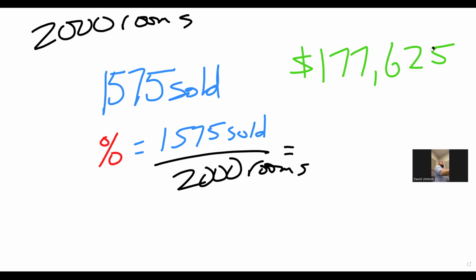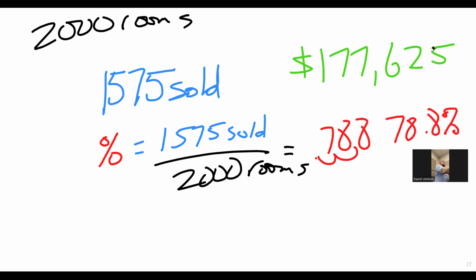And from there, we get 0.788. So I move that decimal place over, and it becomes 78.8%.